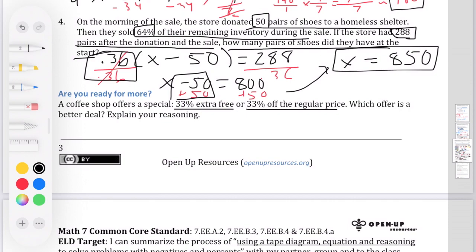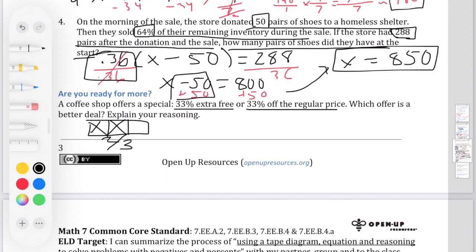But if you want to break it down to the unit rate, if you get your total right here and you're only paying for 2/3 of it, well, you're only paying 2/3 of the original price.